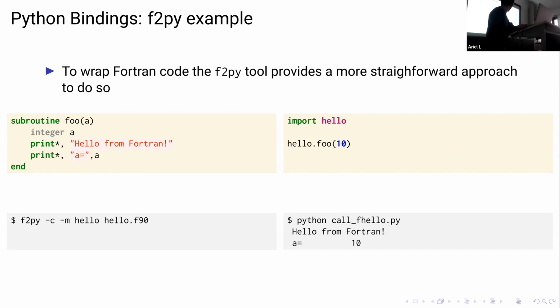In the same folder where you have all the examples, there's an F2Py folder with a hello.f90, which is like that. It's a Fortran subroutine, just pure Fortran code, and then with F2Py we can create a hello module by compiling this pure Fortran code.